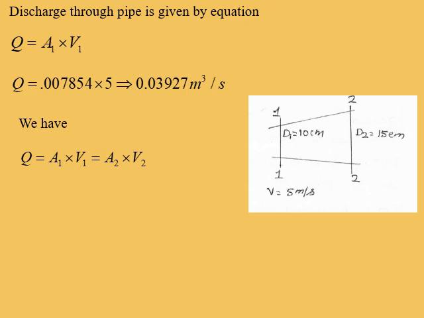So by this equation we can find the velocity of the fluid flowing through section 2. Substitute the values here, then find the velocity at section 2. That is equal to 2.22 meter per second. So this is the solution for the first numerical, to find the discharge through the pipe as well as the velocity at section 2.